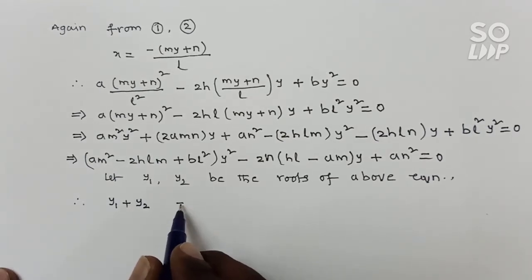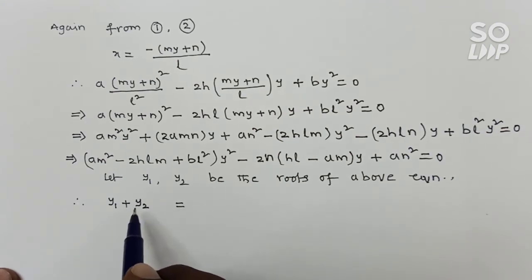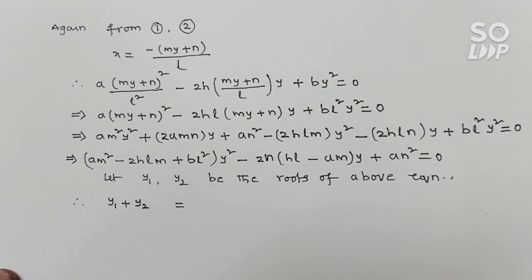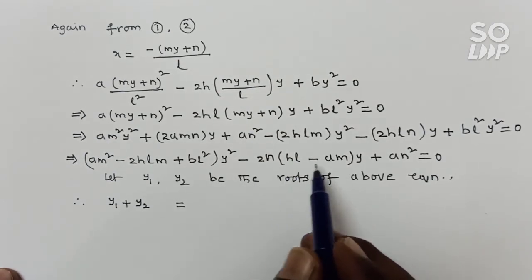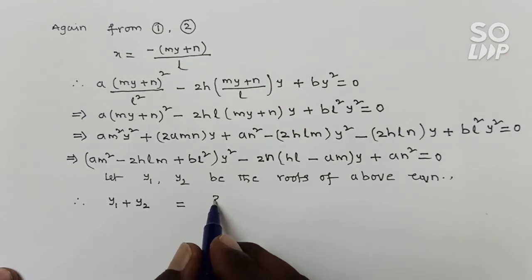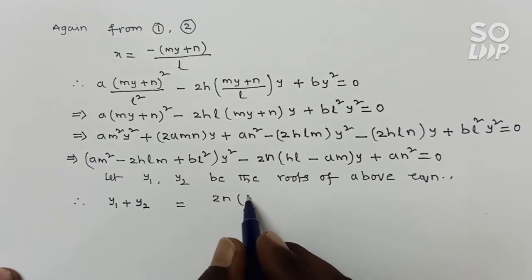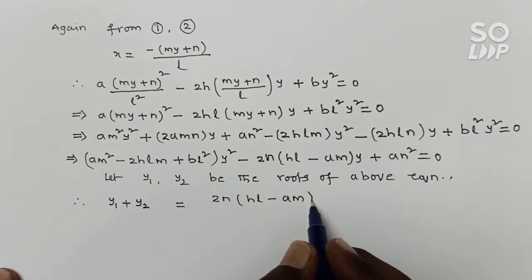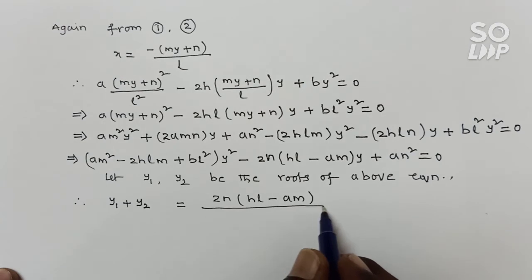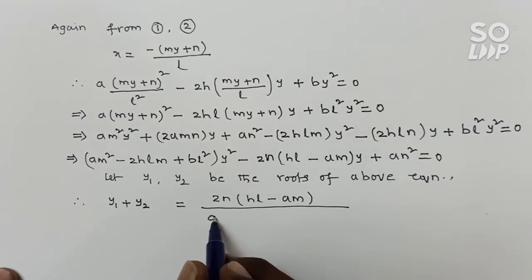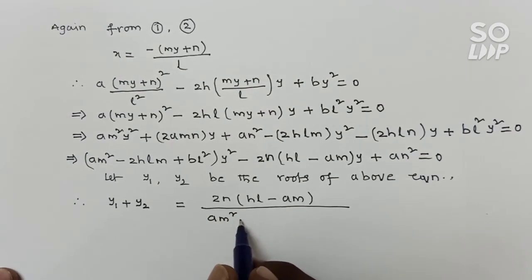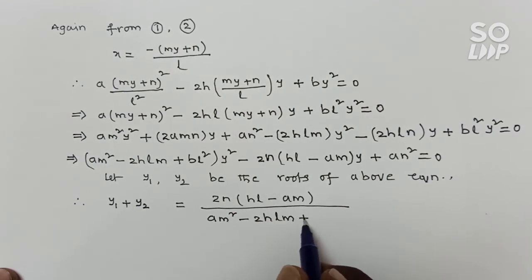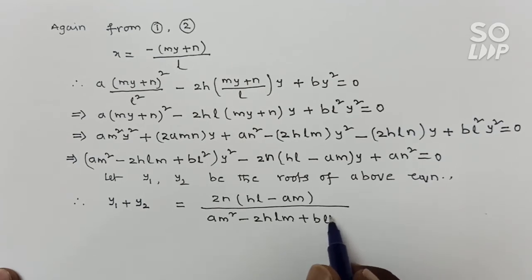Now first you write y1 plus y2. y1 plus y2 is the sum of the roots, that is minus of the y coefficient. So that value is 2n into (hl minus a into m) whole divided by (a m square minus 2h into L into m plus b into L square).